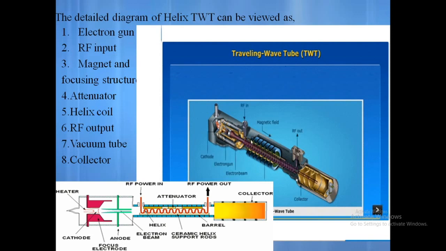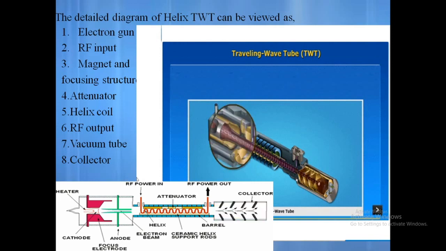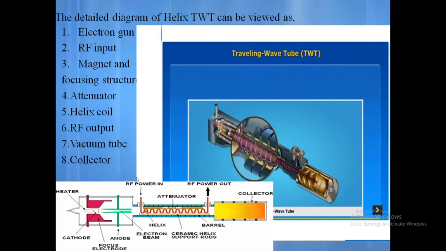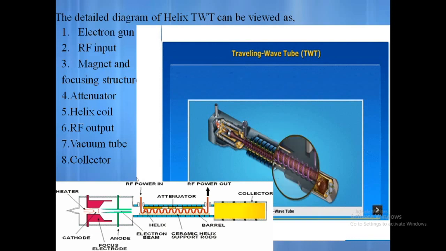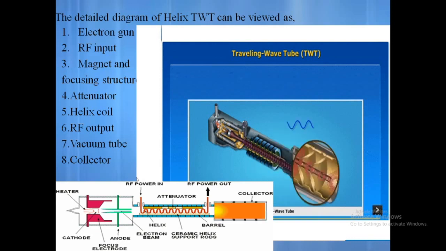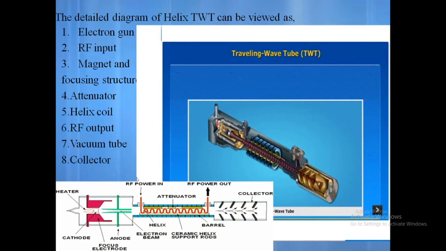The main function of helix TWTs is to amplify the microwave signal, which is collected at the RF output. Next, the whole process takes place in the vacuum tube, which is the seventh part. Next, the electron beam is collected at the collector, which is shown here. So this is the construction of the traveling wave tube.